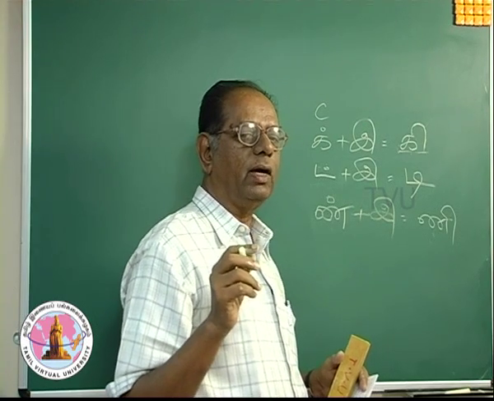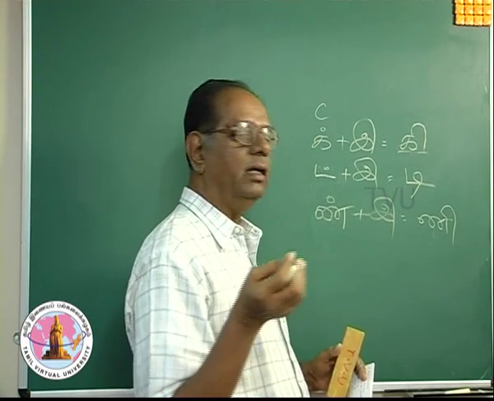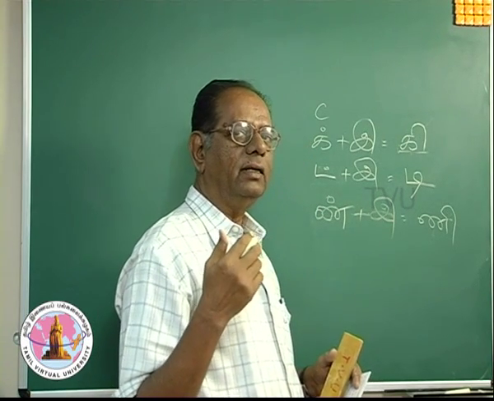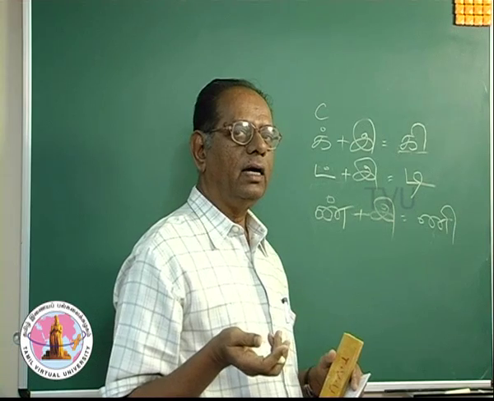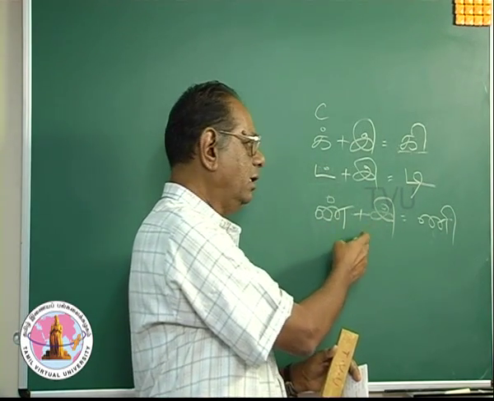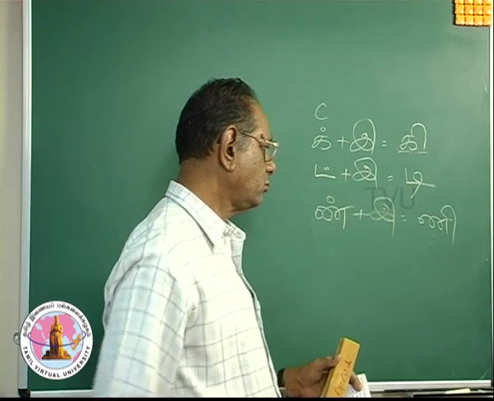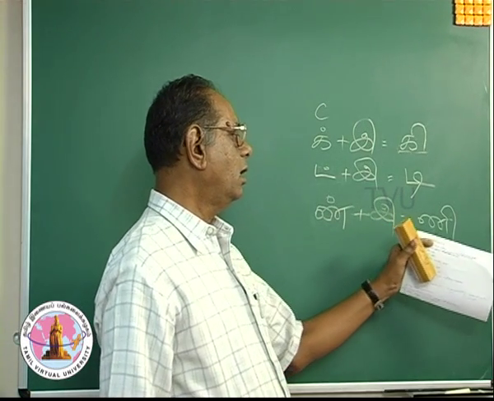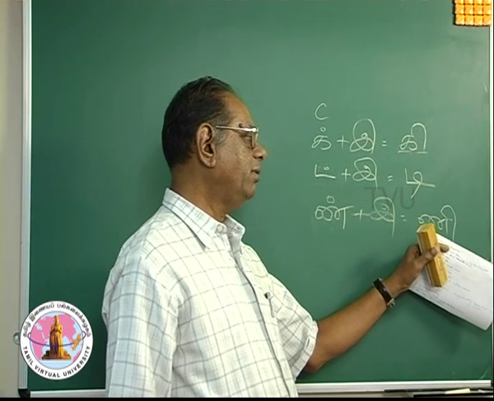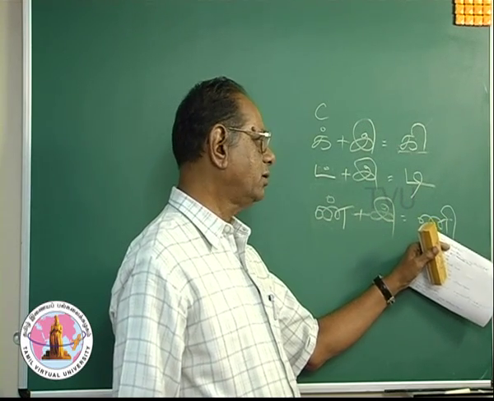So, you have to remember that you have to bend your tongue a little bit and then pronounce it. Na and ni. I don't think there is any word having this sort of sound. So, I leave it as it is.